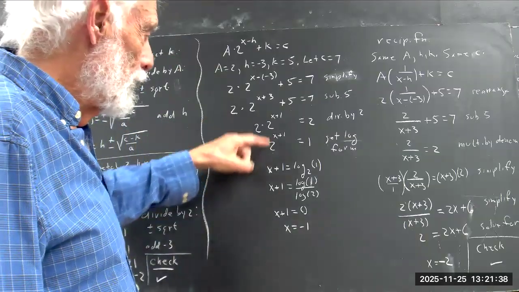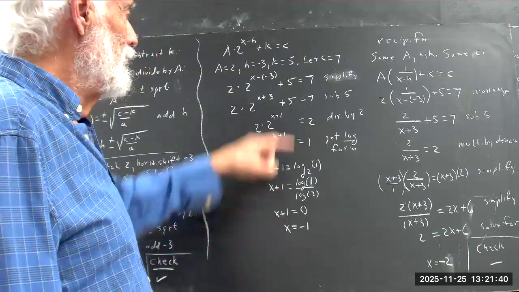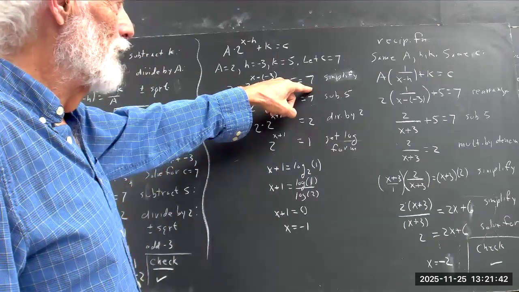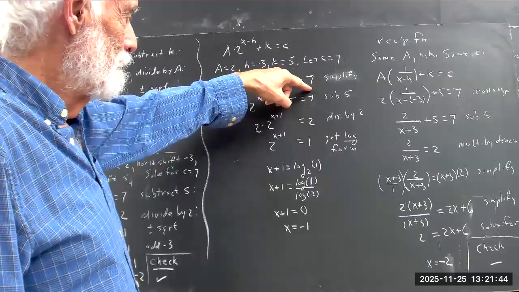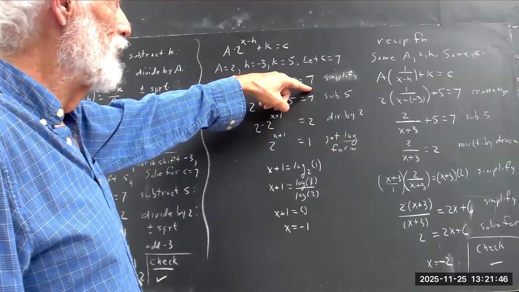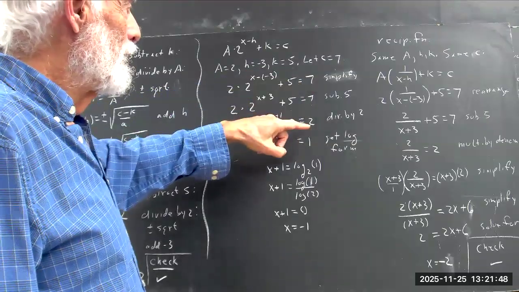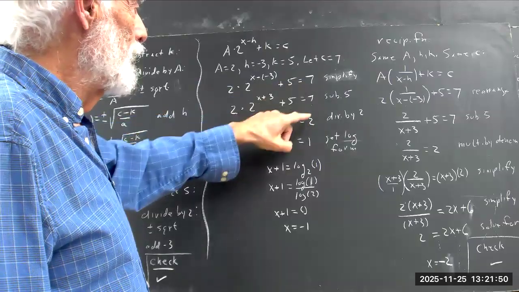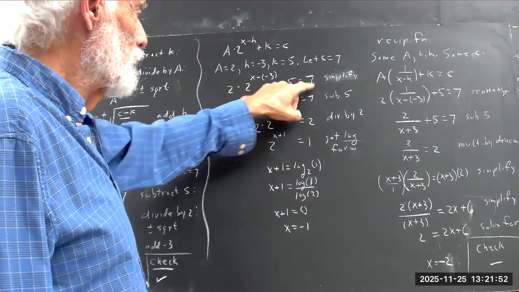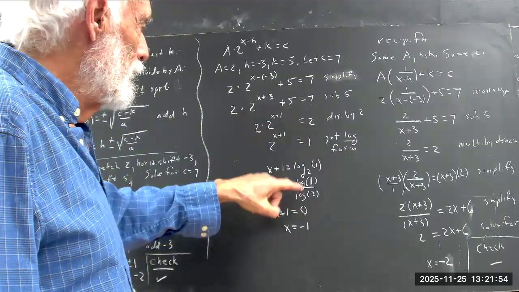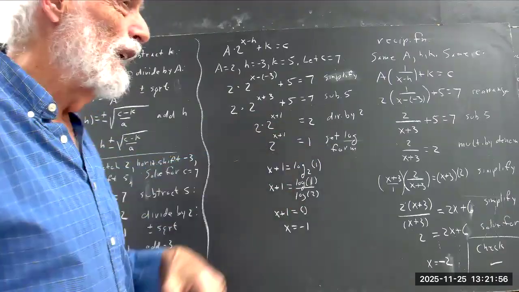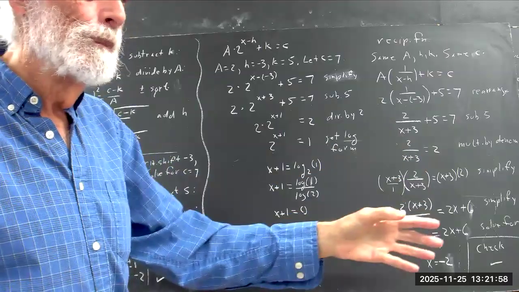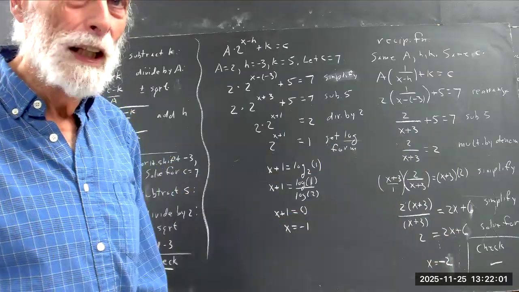But we get that by following the procedure we would need if, instead of 7, it was, say, 10, okay? If this side was 10, then subtracting 5, we'd be getting a 5 here, and we'd have 2 to the x plus 1 equals 5. You can't tell me what power of 2 equals 5.